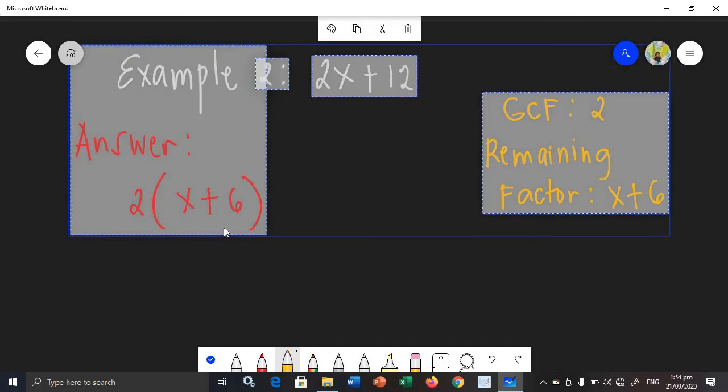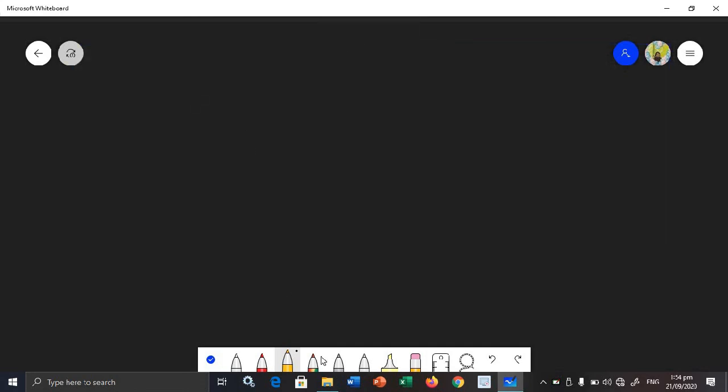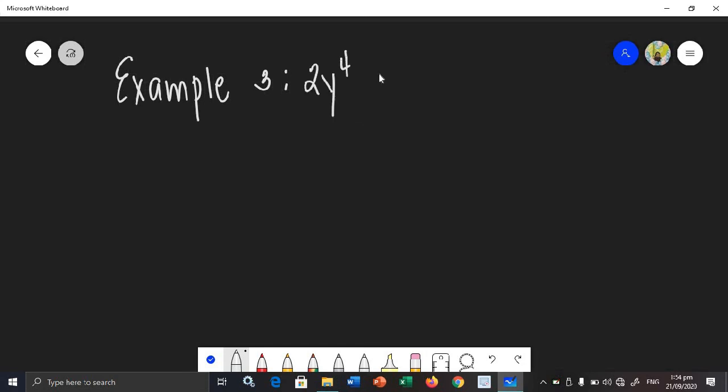So next example, let's say we have a trinomial. So example number 3. Trinomial meaning we have 3 terms. So 2y to the 4th plus 4y cubed minus 20y.